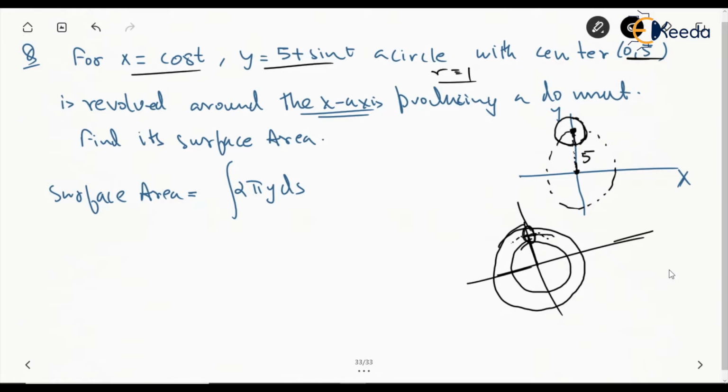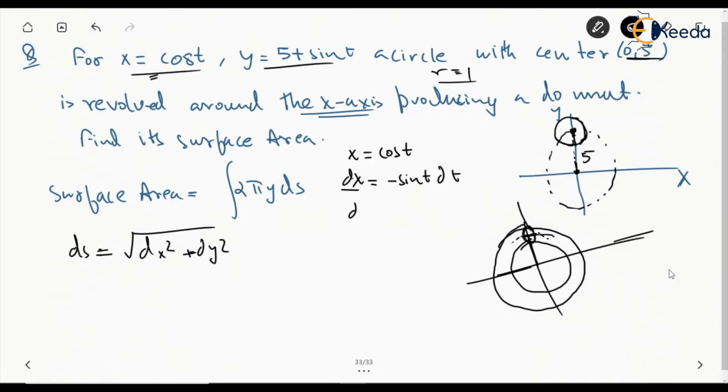So this will be a donut shape, and the surface area, as we said, is going to be 2 pi y ds, and in this case we also know that ds is nothing but under root of dx square plus dy square. So from here we can see that x is equal to cos t, where we can write dx is equal to minus sin t dt, and dy is equal to, obviously this 5 is a constant, plus sin t, so sin t will give cos t dt.